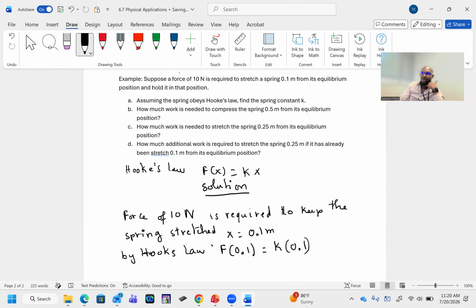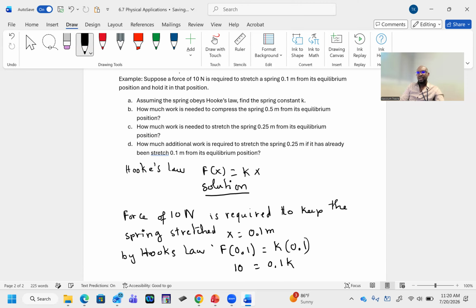And f of 0.1 is 10, right? 10 Newton should be equal to 0.1 k.